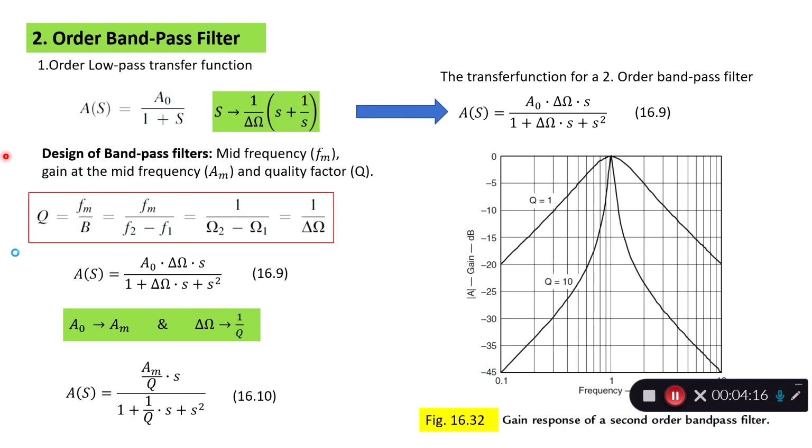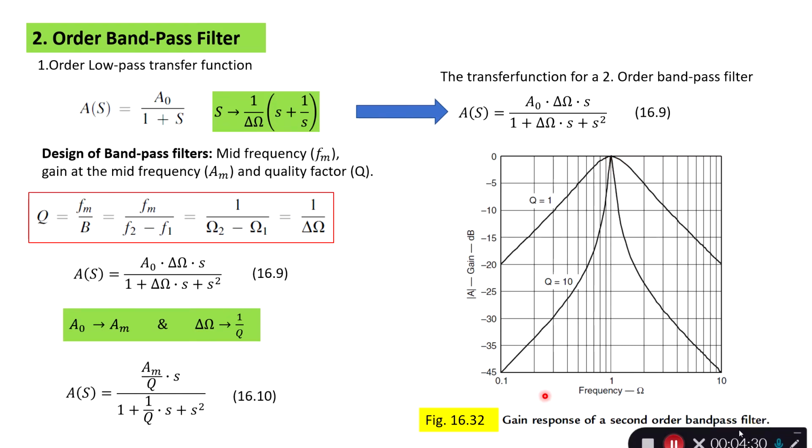When we design a bandpass filter, we have to consider the mid frequency, the gain at the mid frequency, and the quality factor. Our mid frequency here is at the center point, and the gain AM is how much this is actually up or down.